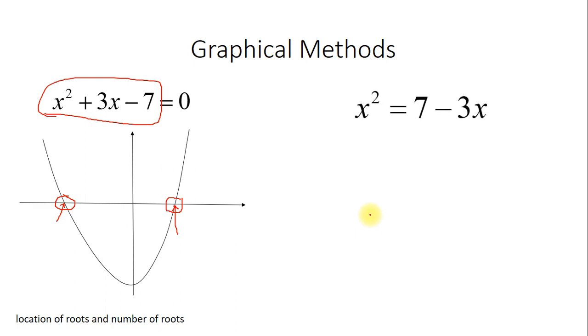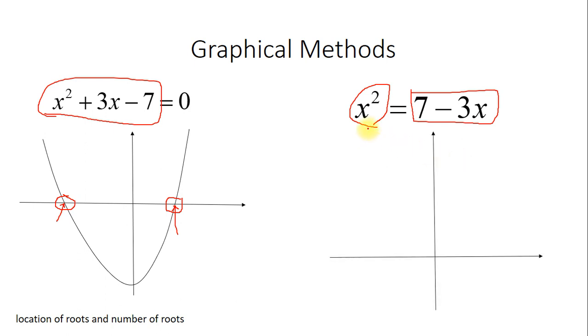But I can choose to change it into this form. If I change the equation into this form, then I will have to draw two graphs. One graph which is x squared, and there is another graph which is a linear graph, 7 minus 3x.